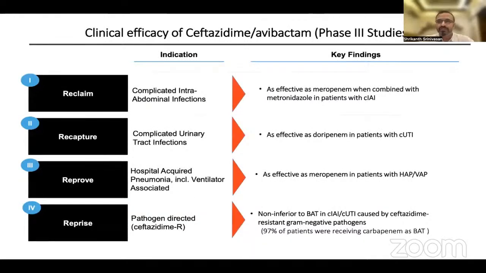These are the various phase 3 studies which were done: Reclaim, Recapture, Reprove, and Reprise. All of these were non-inferiority studies, which say that when we compare it with meropenem, with regard to treatment or cure, it is equivalent. And obviously, it has to be used in those cases where carbapenem resistance is there, especially when you talk about KPC or OXA, but not NDM.